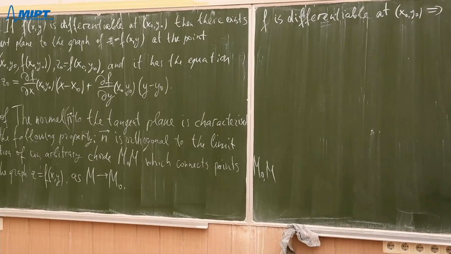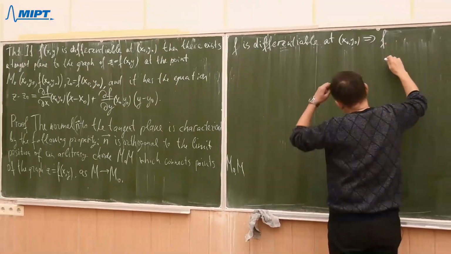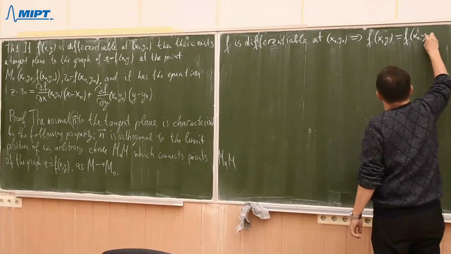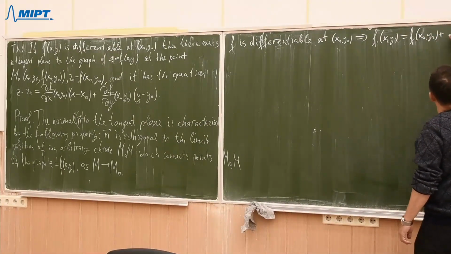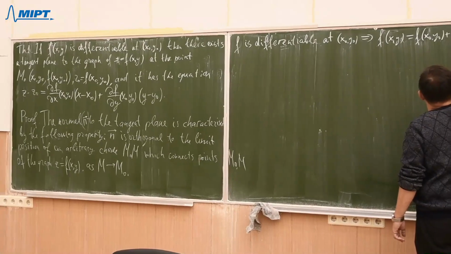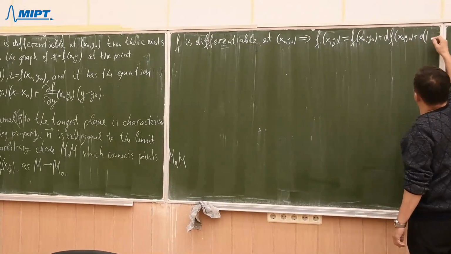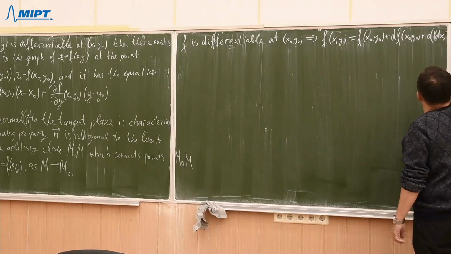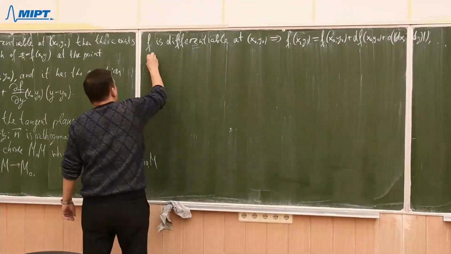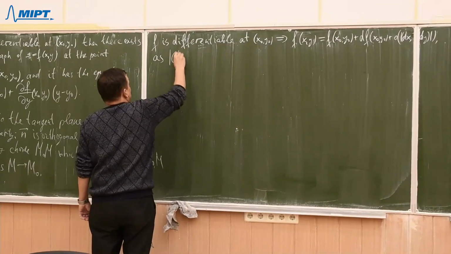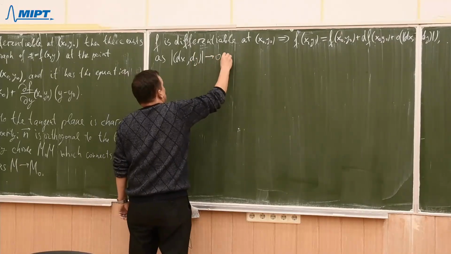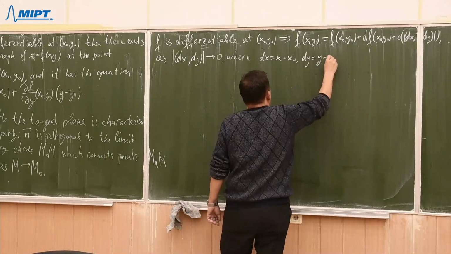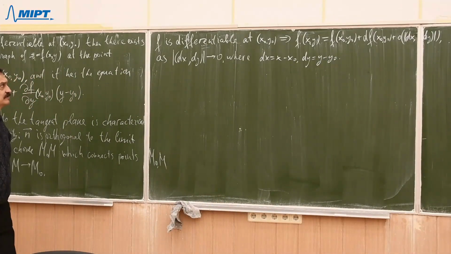Hence, we can write the following representation. f of x, y equals f of x naught, y naught plus the differential of f at the point x naught, y naught plus little o of the vector dx, dy, okay, better to say s, this length, as s tends to 0, where dx is x minus x naught, dy equals y minus y naught. That is the definition of differentiability.